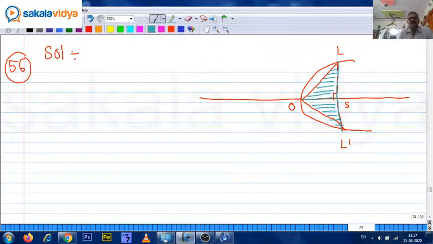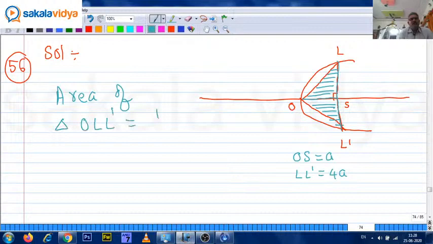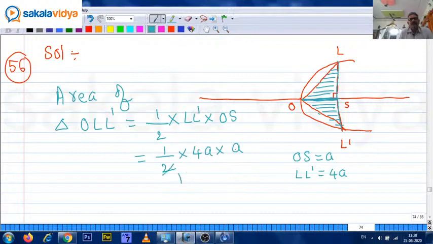So that means here OS equals to A, LL dash is nothing but length of the latus rectum 4A. So now area of triangle OLL dash is equal to half multiplied by base is LL dash into height is OS. This is the height. So half multiplied by LL dash is 4A, OS is A. 2 1 ja 2, 2 ja. This will be 2A square units. This is the answer.